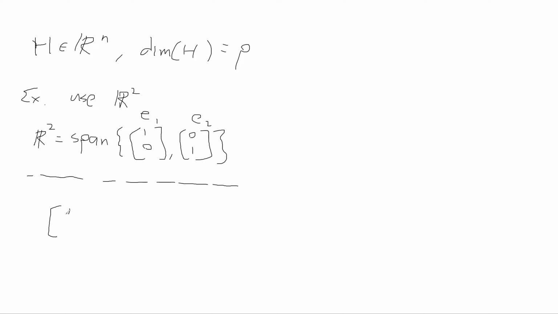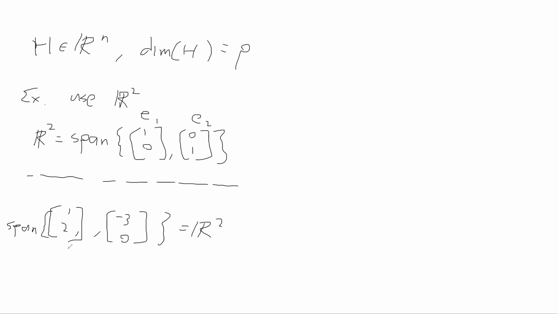Let's say 1, 2, and -3, 0. Right, something like this. Now, we can look at that. They are linearly independent, right? And we can actually show that these two also span R2.